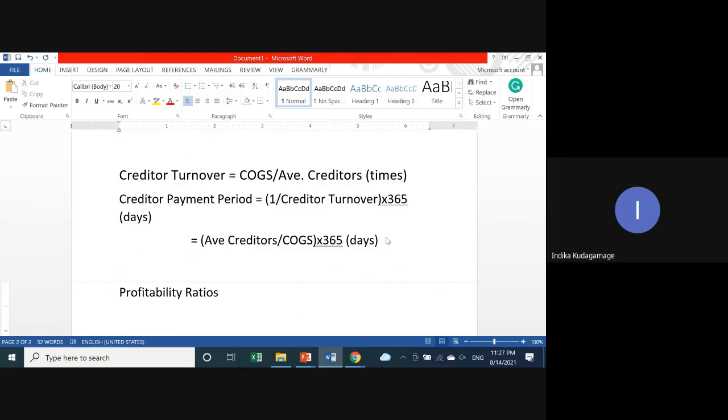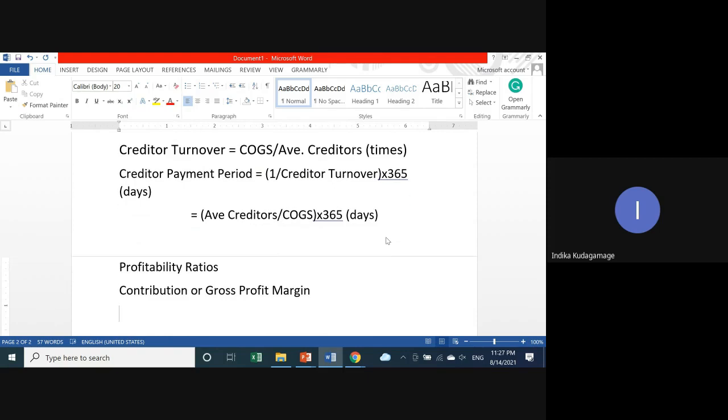The first profitability ratio is contribution or gross profit margin. How do you calculate gross profit margin? It is GP, gross profit, divided by turnover into 100, which comes in as a percentage.